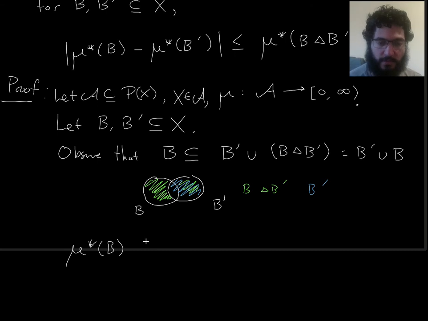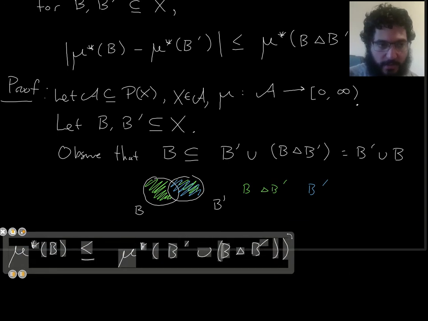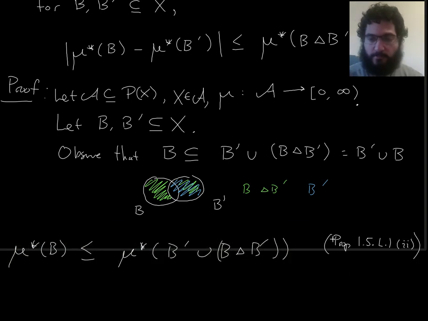This is from an earlier fact. Let me put a little reference for that since I've been numbering things. This was proposition 15L12. I think that was done on maybe the previous lecture or the lecture before that.